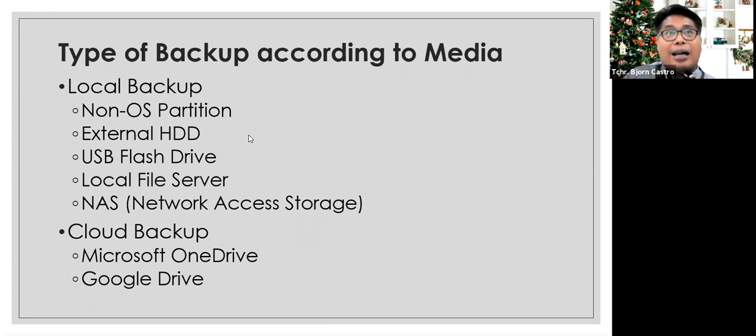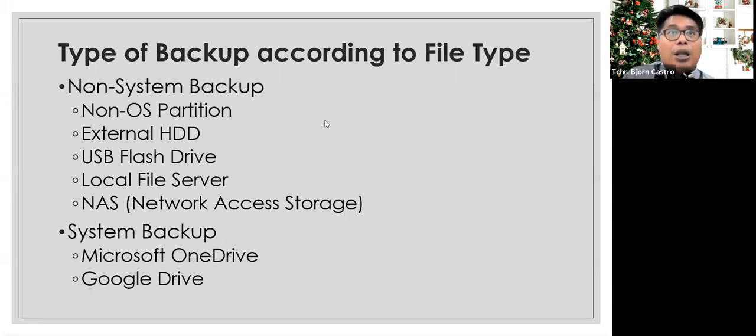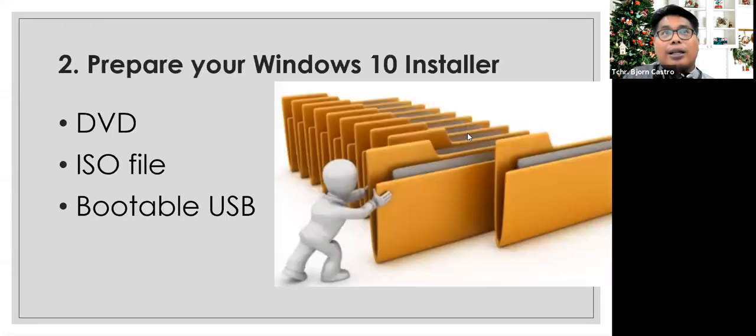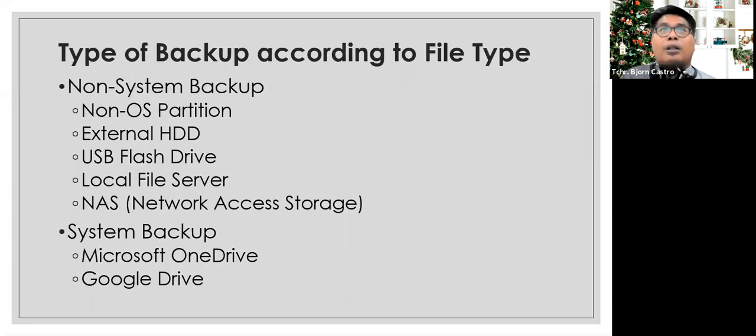So that is the next part of our discussion, wherein we will be backing up. So, yes. You can also back up according to file types. Now, like for example, file types.